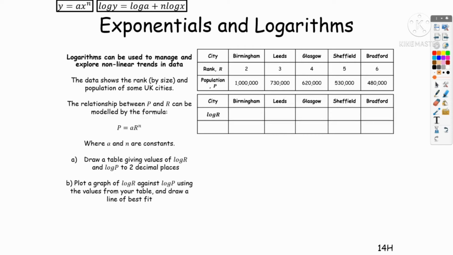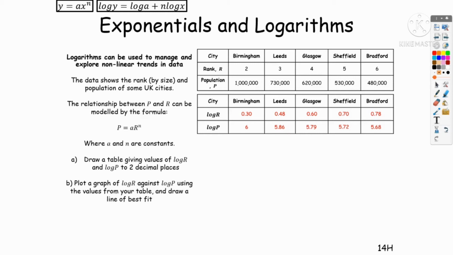So, first thing, we'll take logs of both sides, we'll get log R and log P. I've done these previously on my calculator, so we'll get 0.3, 0.48, 0.6, 0.7, 0.78. Then we get 6, 5.86, 5.79, 5.72, 5.68.